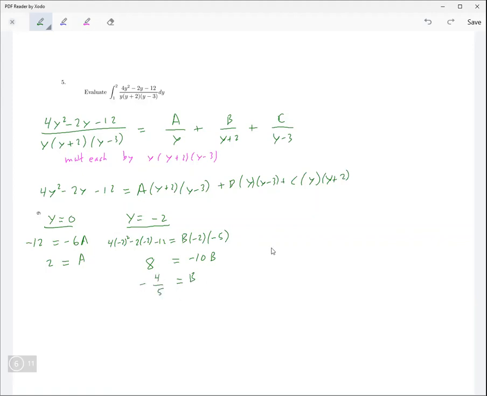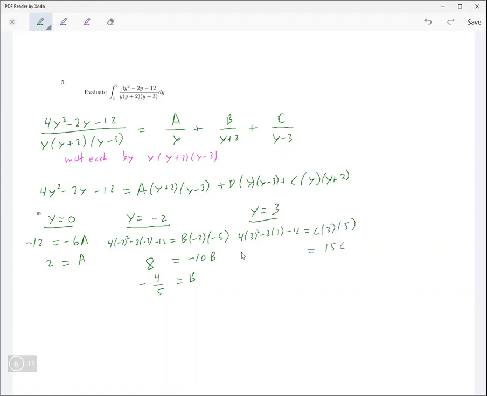So b is actually -4/5. And then if I set y equal to 3, then it wipes those two terms out, and I have 4 times 3 squared minus 2 times 3 minus 12 equals c times 3 times 5.